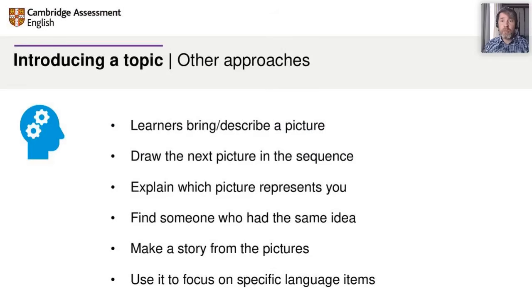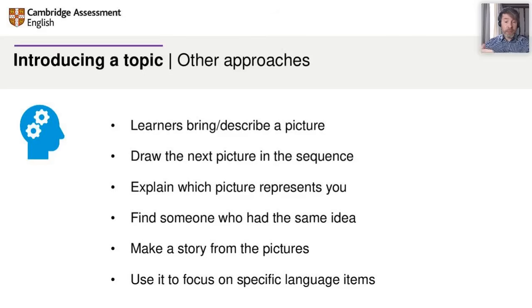Okay, so you could put learners in groups of 5. If you have a smaller class, maybe give them a picture each and ask them to describe the picture to the group rather than everyone looking directly at it. That adds an extra chain and use of language and communication. You could ask learners to bring an image themselves.